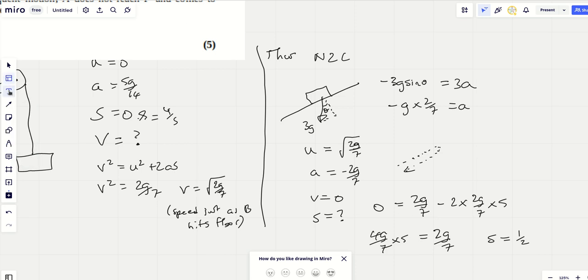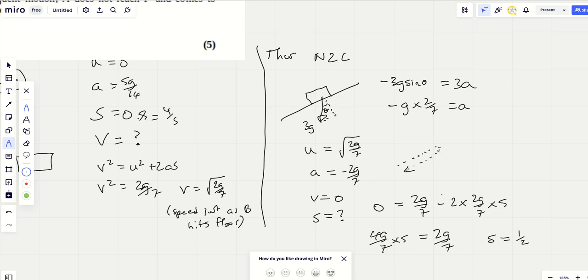Just have a look carefully at this. v squared, 0 equals u squared minus plus 2 times a times s. That's good. 2g over 7. That's good. I think it seems to be saying it's over here.